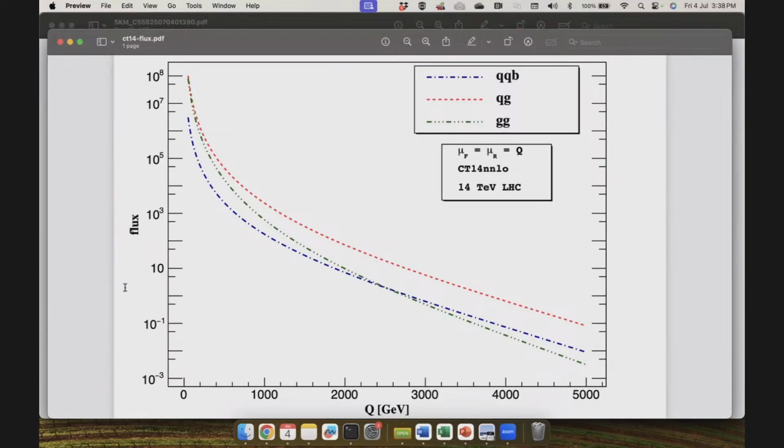Now here is the important region that I am talking about, the interplay between the parton fluxes and the partonic coefficient functions. For example, if tau goes to 10 power minus 4, something close to the Higgs threshold region, Higgs mass mH equal to 125 region, that corresponds to something between 200, 400, 600, 800, closer to this region.